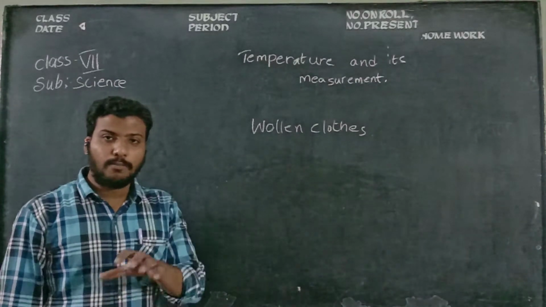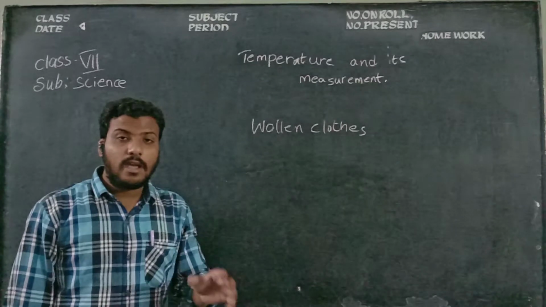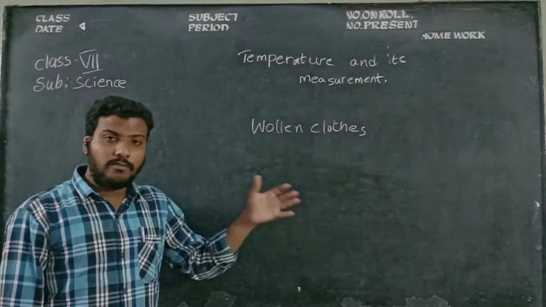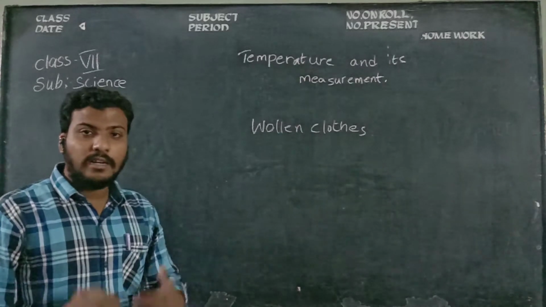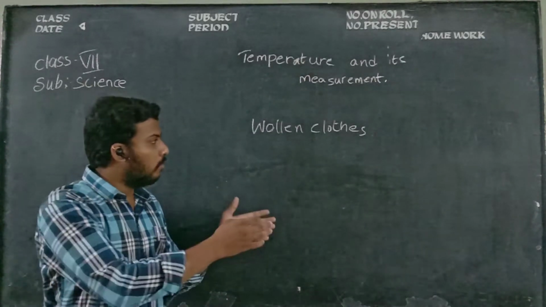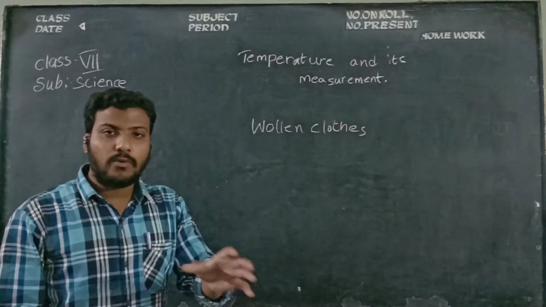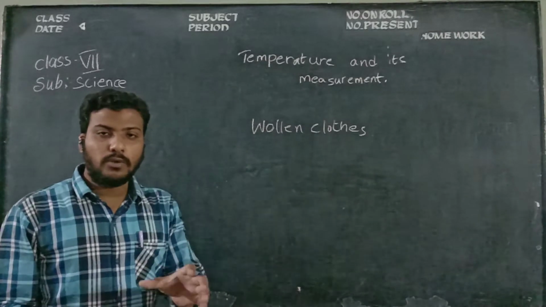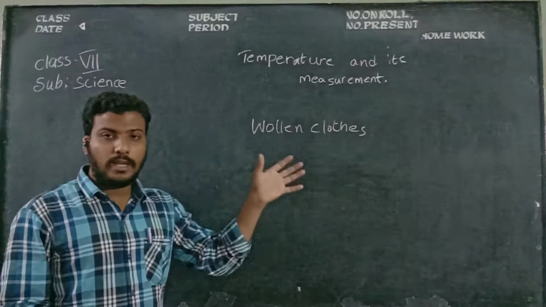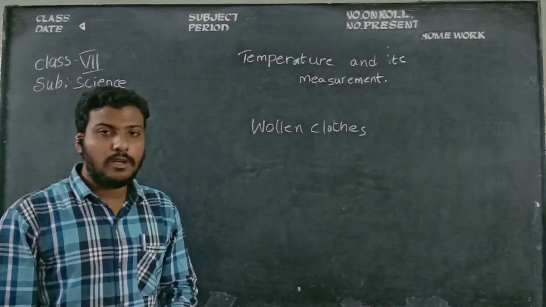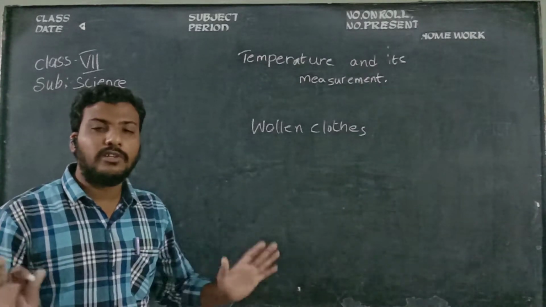By wearing woolen clothes, we internally generate heat. Woolen clothes never let cool air pass through into our body. It stops the cool air. So we feel heat internally.